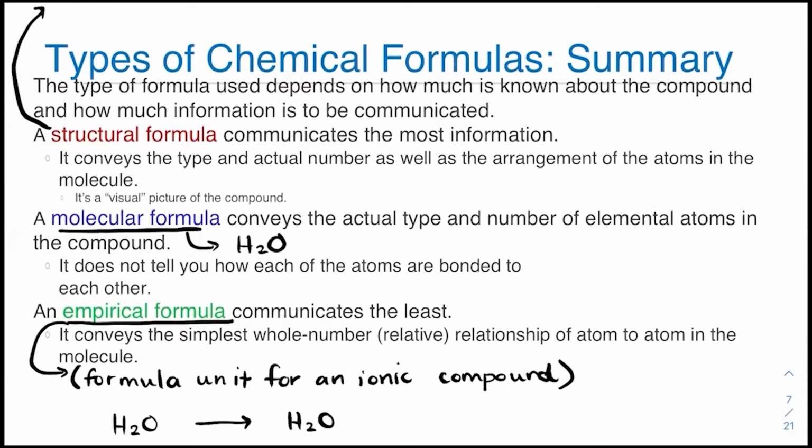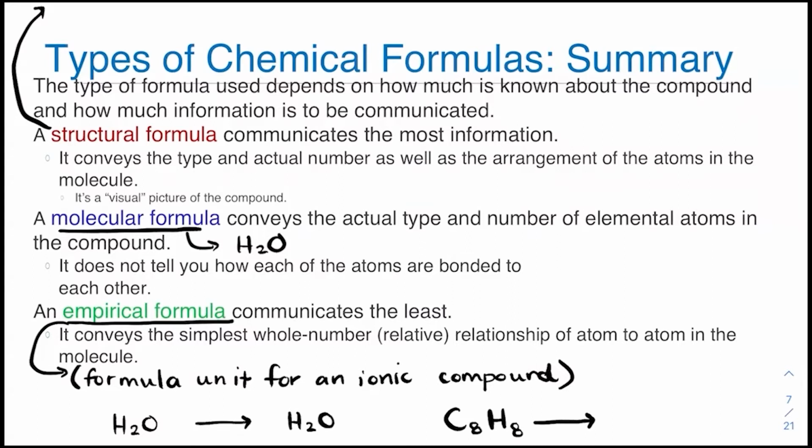But for something like H2O2, there's 2 hydrogens and 2 oxygens. That ratio can be reduced. The empirical formula is HO. This gets into a better idea once we start doing our determination of molecular formulas at the end of this chapter.